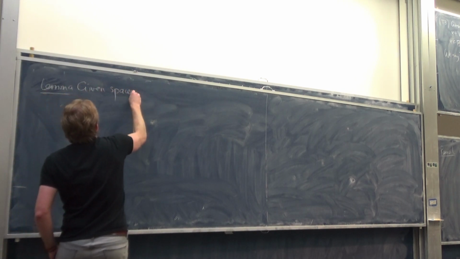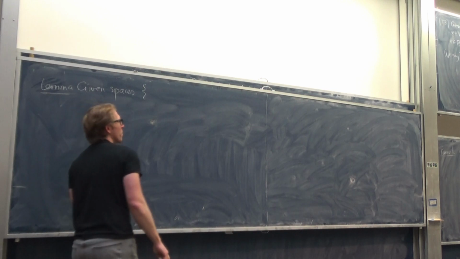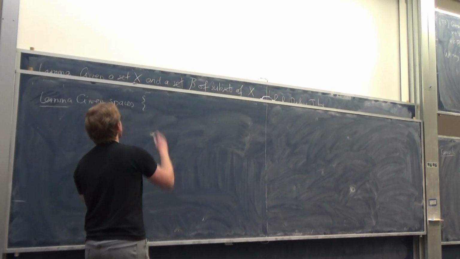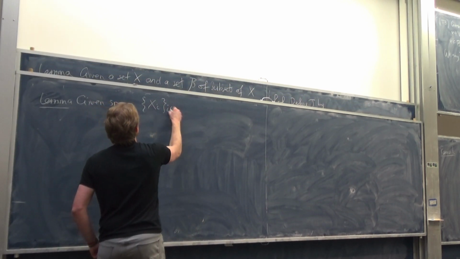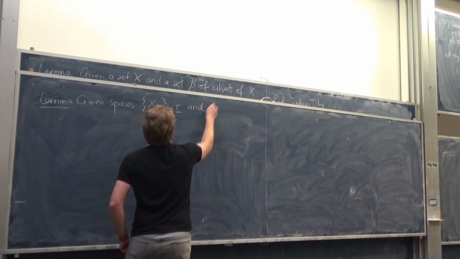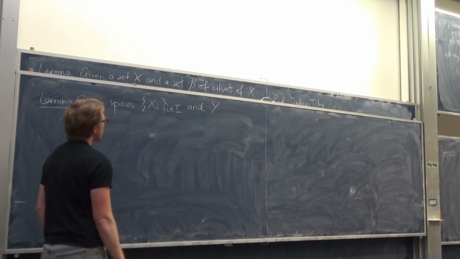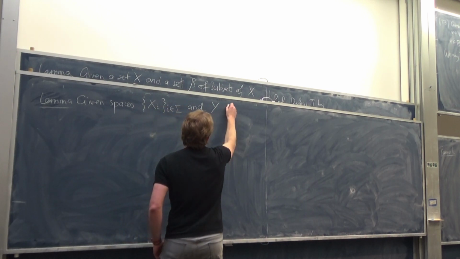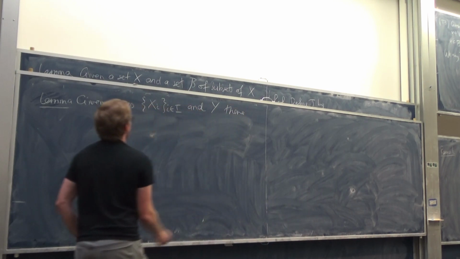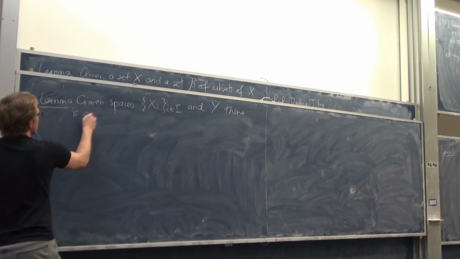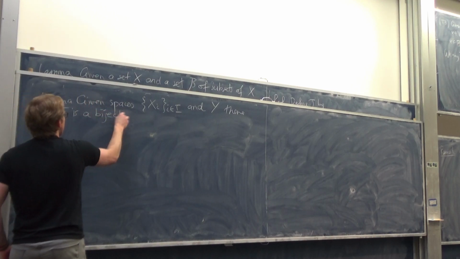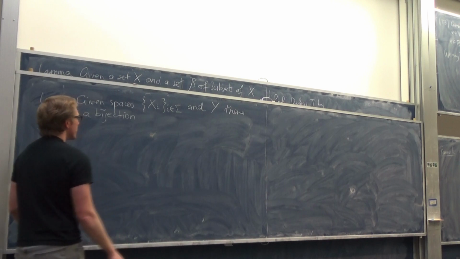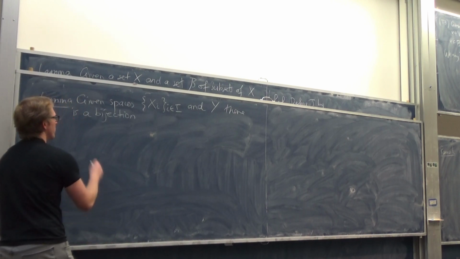So given spaces, and whenever I say space, I'm going to mean topological space from now on. Given spaces X_i and Y, there is a bijection between the following two sets.